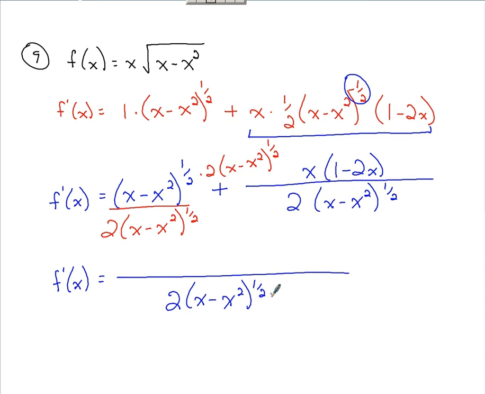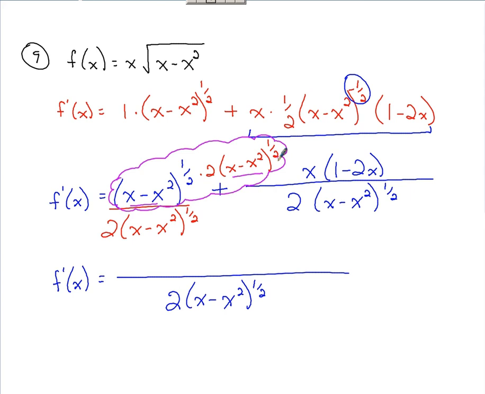Now let's see what's left over here in the numerator. All right, this part right here. We've got a couple expressions with rational exponents, but notice these quantities that are being raised to the 1/2 power, they're the same things. So it's like we have like bases there. This x minus x squared to the 1/2 times x minus x squared to the 1/2.